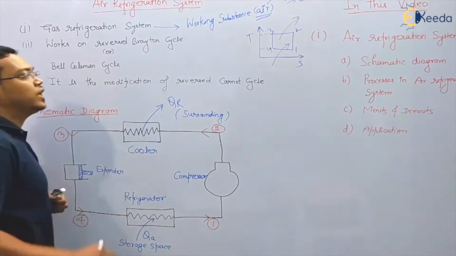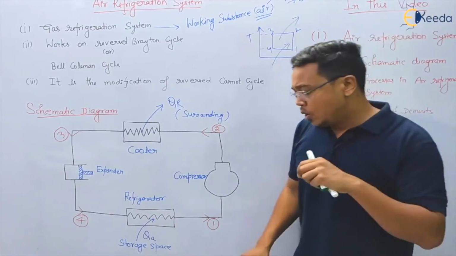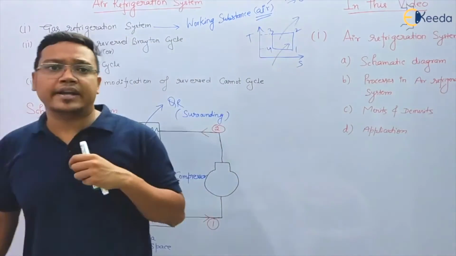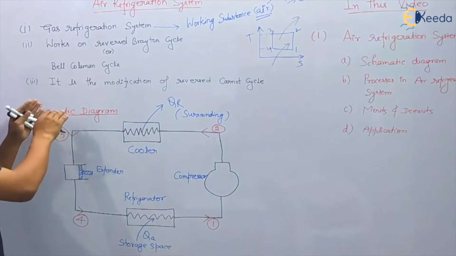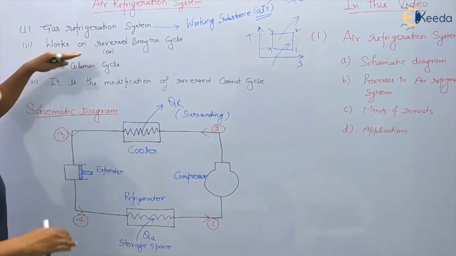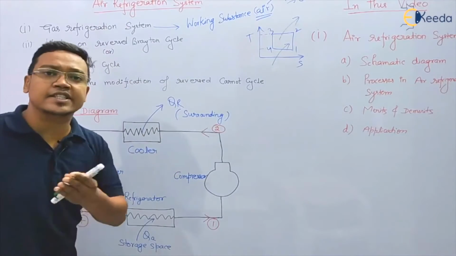So it is the modification of reverse Carnot cycle. Okay friends, now let's see what is the schematic diagram or what are the components which are used in the reverse Brayton cycle or Bell-Coleman cycle or in air refrigeration system.